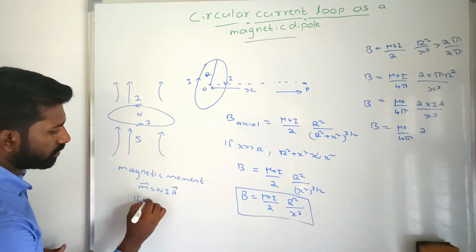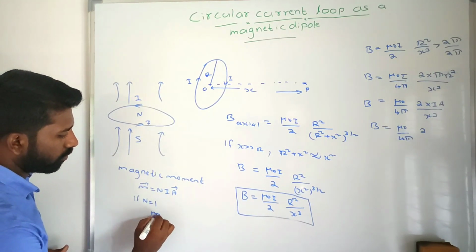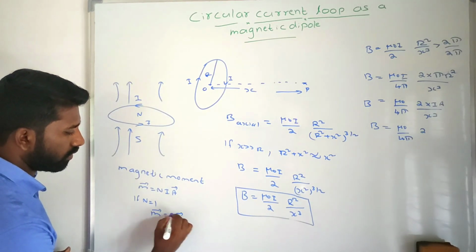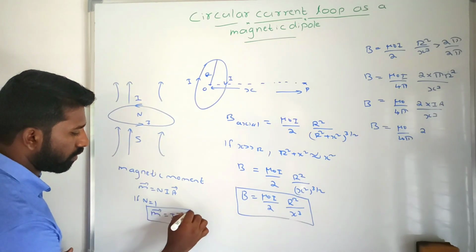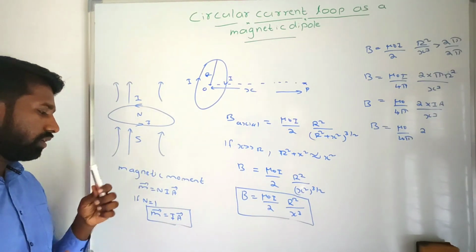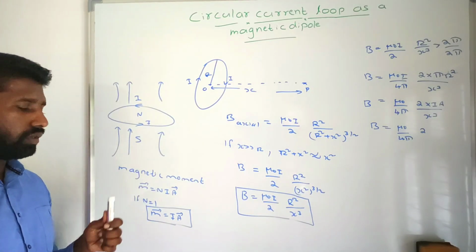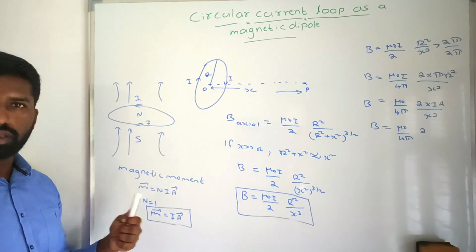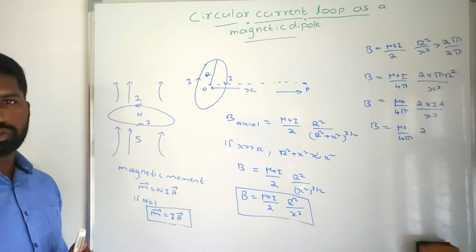So if N is equal to 1, what about M? M is equal to IA. Clear? M is equal to IA, where M is the magnetic moment, that is the strength of the dipole. So the direction of M is similar to the direction of the area of cross section.